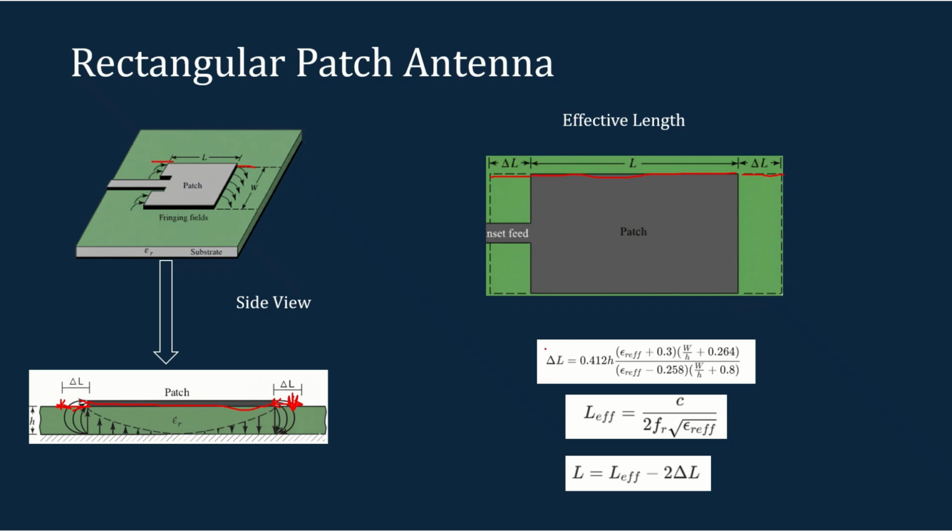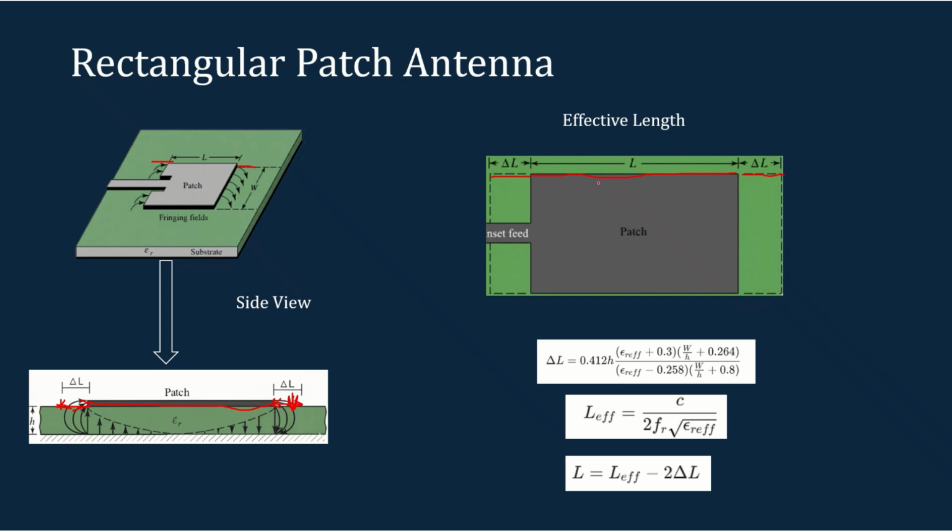That delta L is calculated based on this equation, given by the expression 0.412 h times (epsilon r effective plus 0.3) times (W by h plus 0.264), and so on.